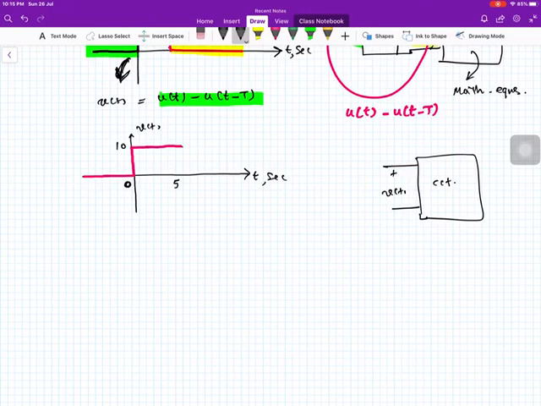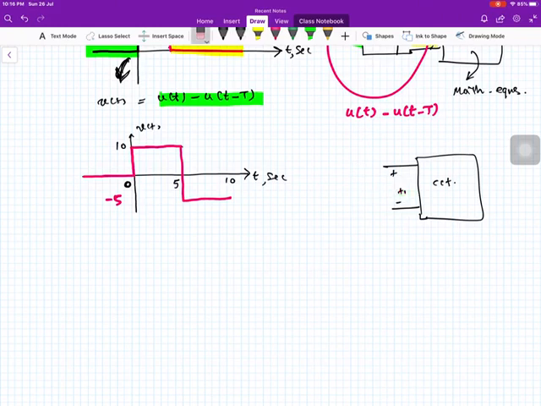Then at 5 seconds, it is our requirement that the input voltage should be minus 5 volt with this polarity.